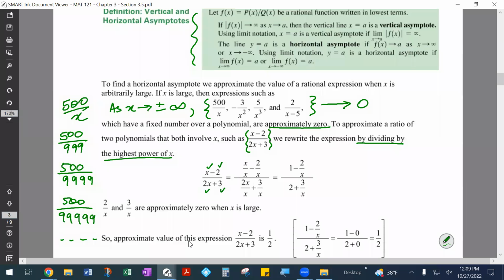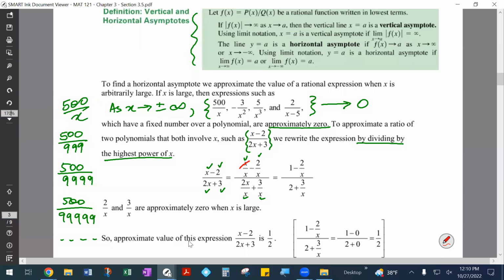So you're taking x divided by x, minus 2 divided by x, then on the denominator 2x divided by x, and then 3 divided by x. So literally take each term of your expression divided by the highest power of your x value.